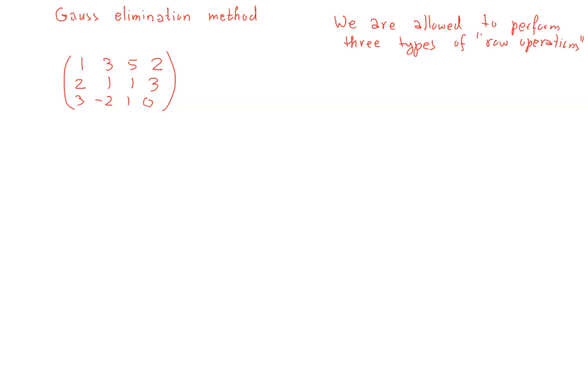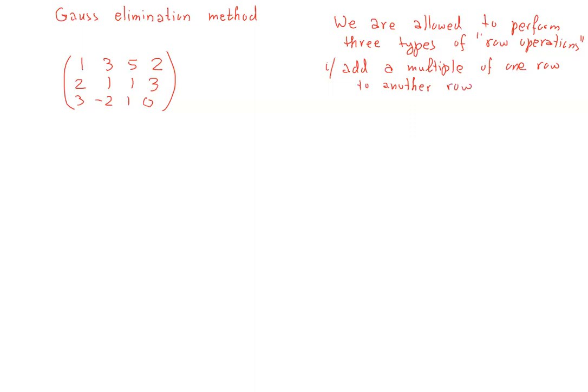What are the 3 operations? The first one, and the most important one, is add a multiple of one row to another row.